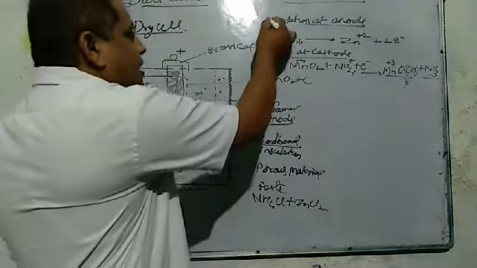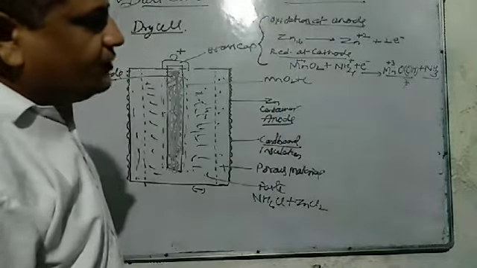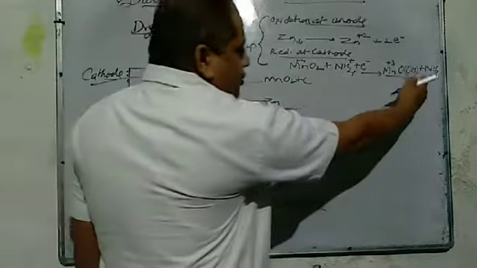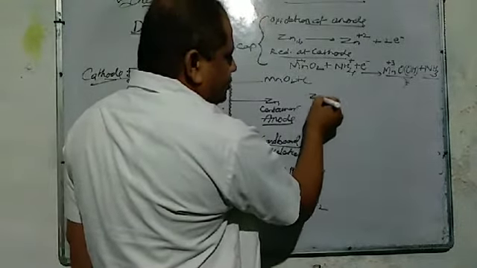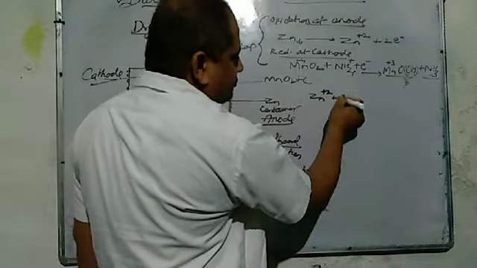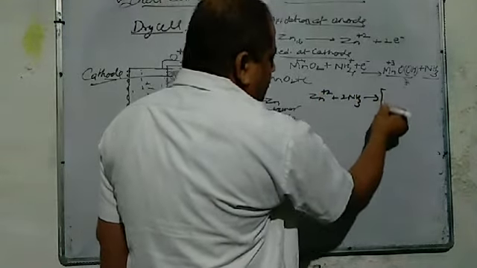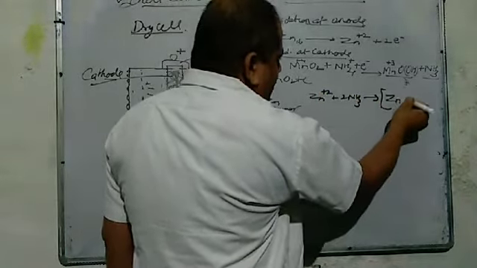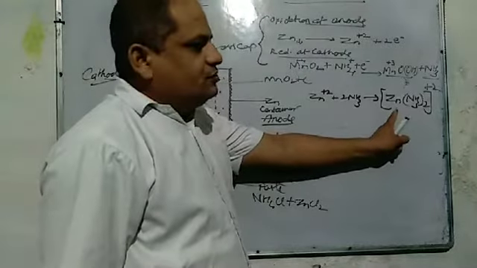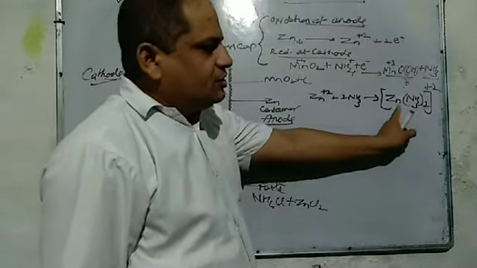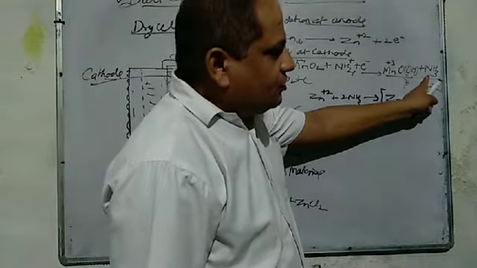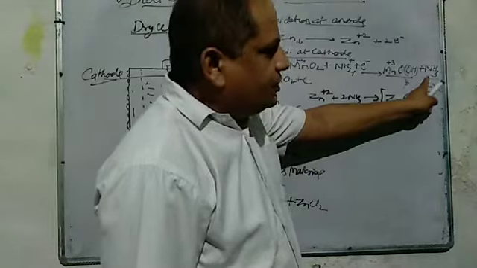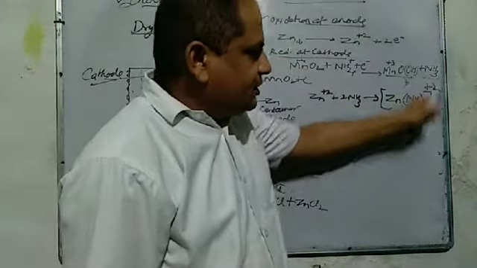This cell reaction occurs during the use of the dry cell. The ammonia, which is a gas formed here, reacts with Zn2+ ion to form a compound known as diamminezinc(II) ion, so that pressure cannot arise due to its gaseous nature.